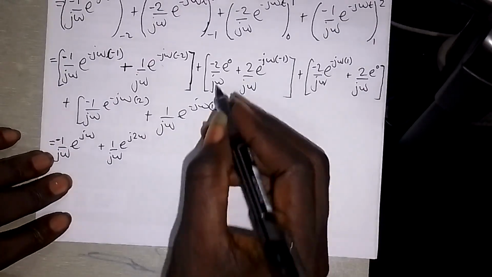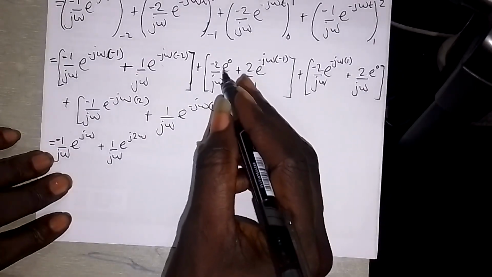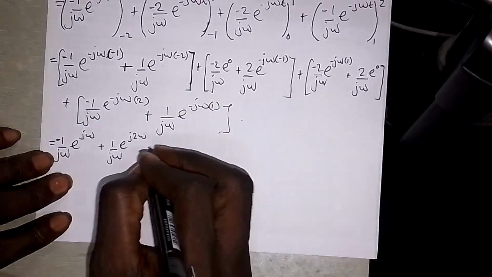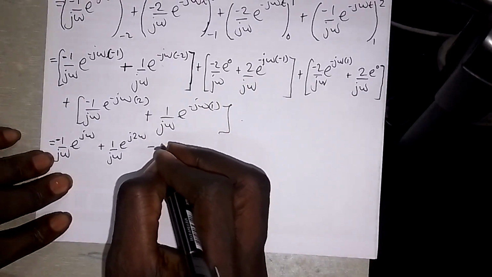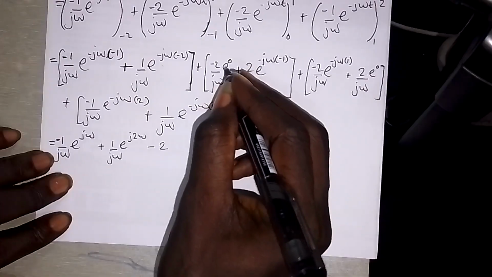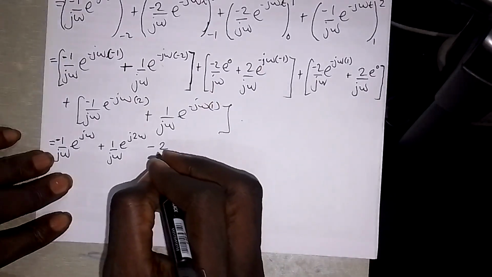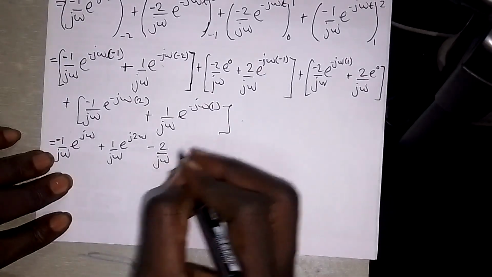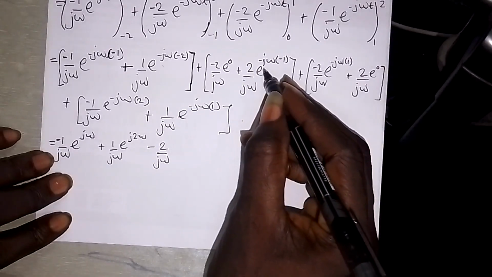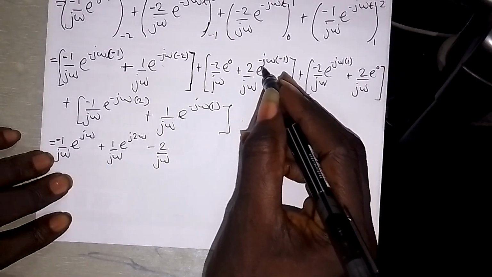Then I'll come to this one, which is going to give me minus 2 over j omega, because e exponent 0 is 1.